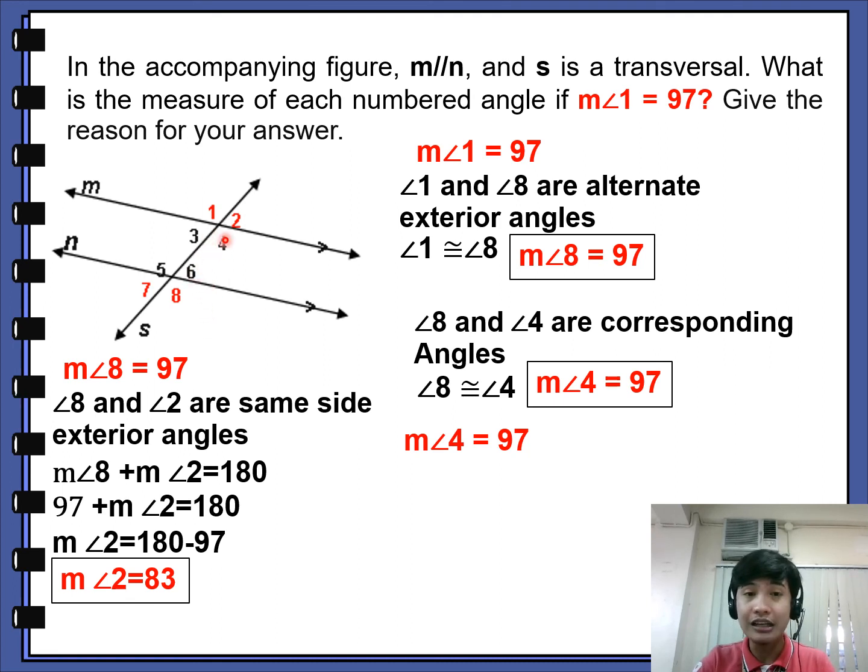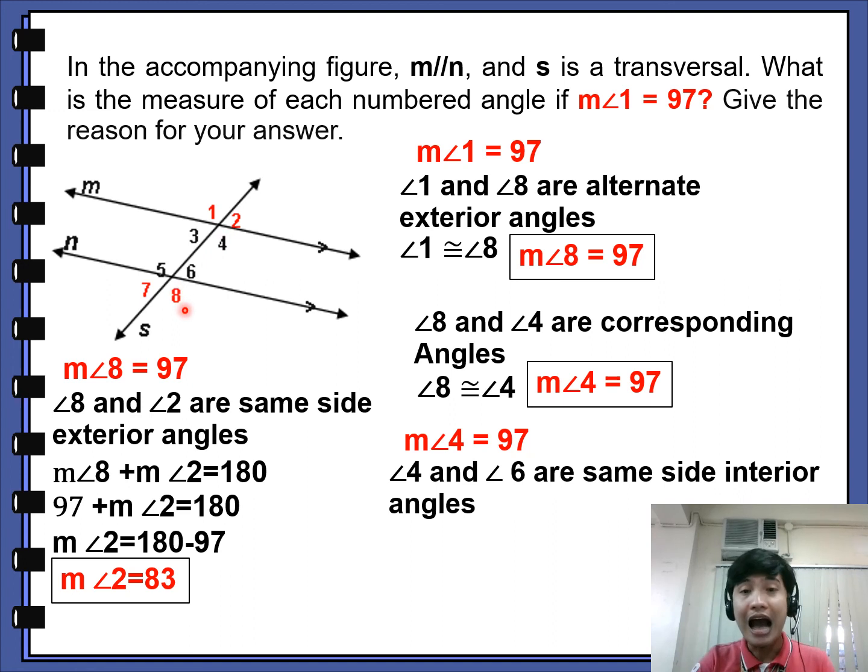Kung ating titignan, angle 4 and angle 6 are same side interior angles. So pag sinabi nating same side interior angles, dalawang interior sa same side ng transversal. Si angle 4 at angle 6 ay adjacent interior angles lying on the same side of the transversal. Parehas po silang nasa right side ng transversal. Kaya sila same side interior angles.